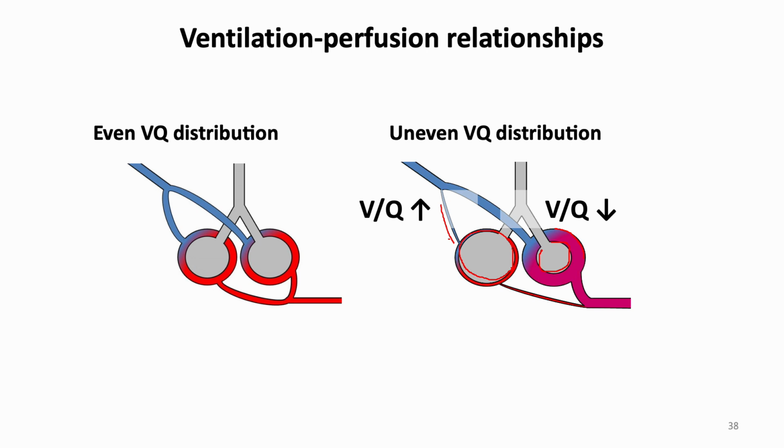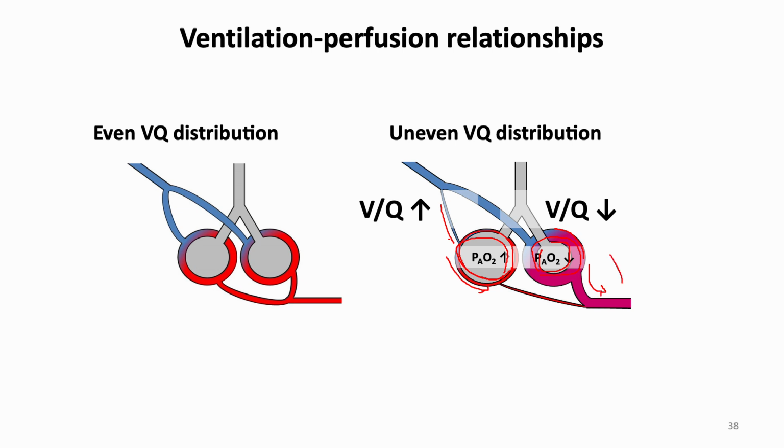So why does this area here with a high VQ ratio not just compensate for the low VQ ratio area? Well, that's because we have a high alveolar oxygen tension in this part of the lung here and a low one here. But this area over here has a very low perfusion, so it contributes less to the blood leaving the lungs in contrast to this one over here, which has a relatively high perfusion.